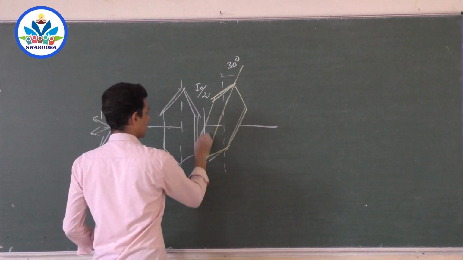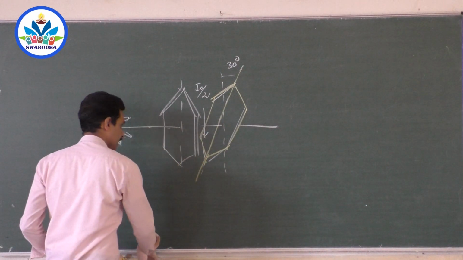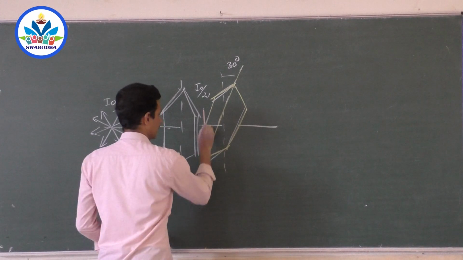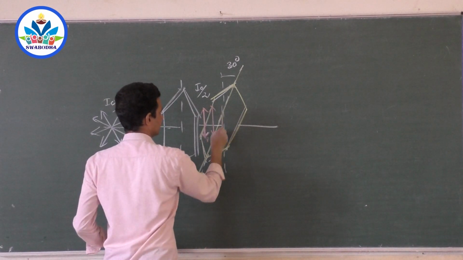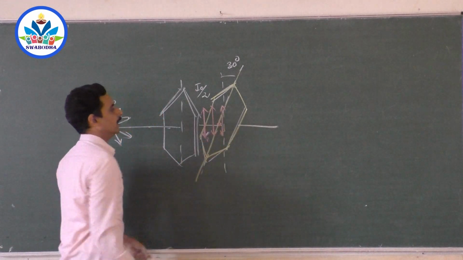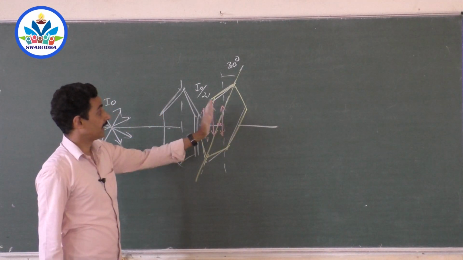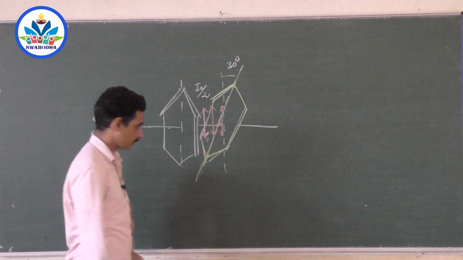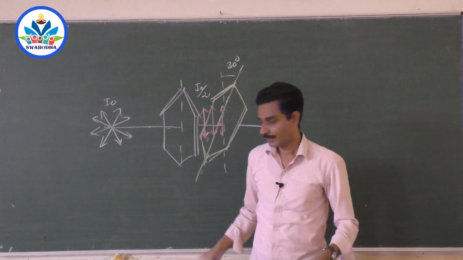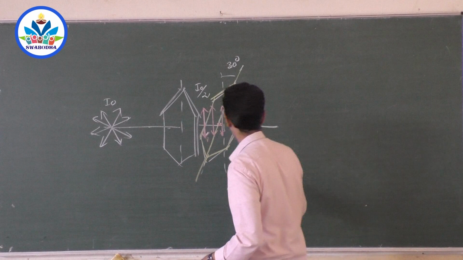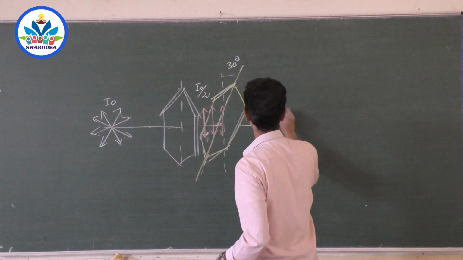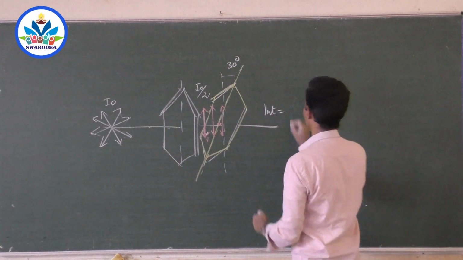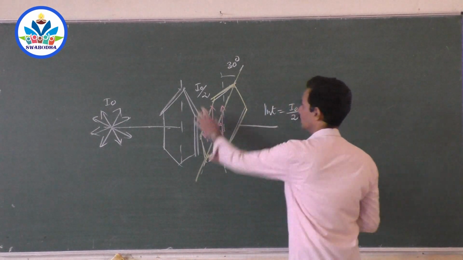But these vibrations are like this. It hits the surface, and since it is inclined at an angle of 30 degrees, it comes out. So what about the intensity here? The incoming light is I naught by 2.